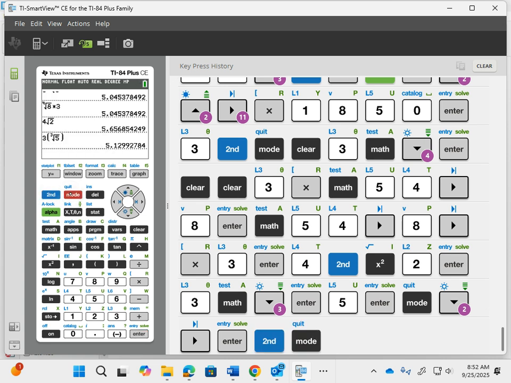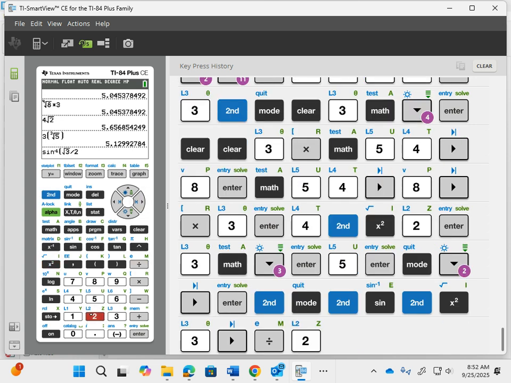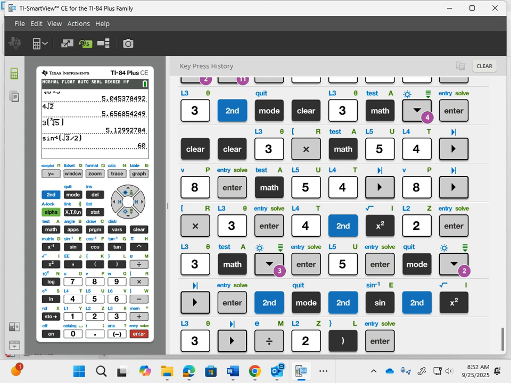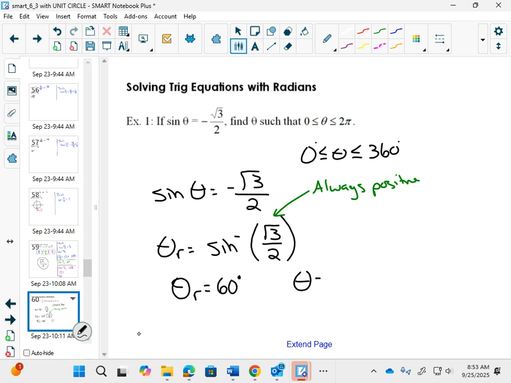You will have to switch back and forth between radians and degrees in grade 12 depending on what the question is in. And I go sine inverse of the square root of 3 divided by 2, and I get 60 degrees, which you're like, now you've done your unit circle, I'm not surprised, I knew that already. But in grade 11 and grade 10, you would have found your reference angle to be 60 degrees, and then your actual answer, because of your CAST rule, sine was negative.